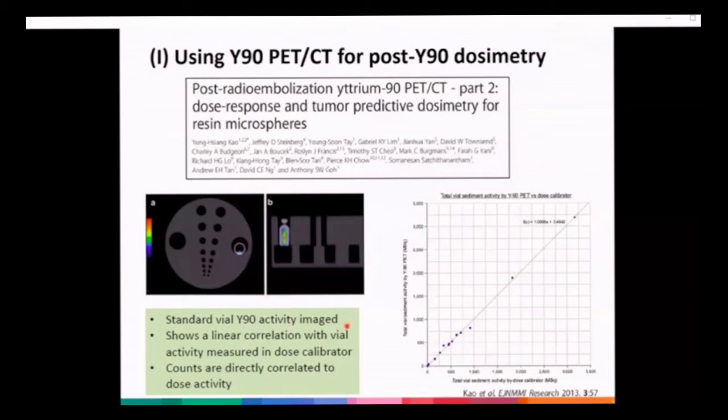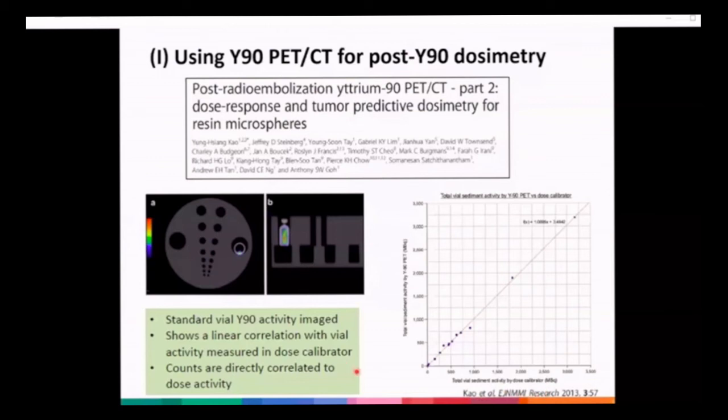The standard yttrium-90 activity was assayed in a calibrated dose calibrator, and that is on the x-axis, and the y-axis is the yttrium-90 radioactivity obtained from voxel assessment on the PET-CT, and you can see there's a linear relationship between them. So we could accurately predict the radioactivity that is measured by the gold standard dose calibrator.